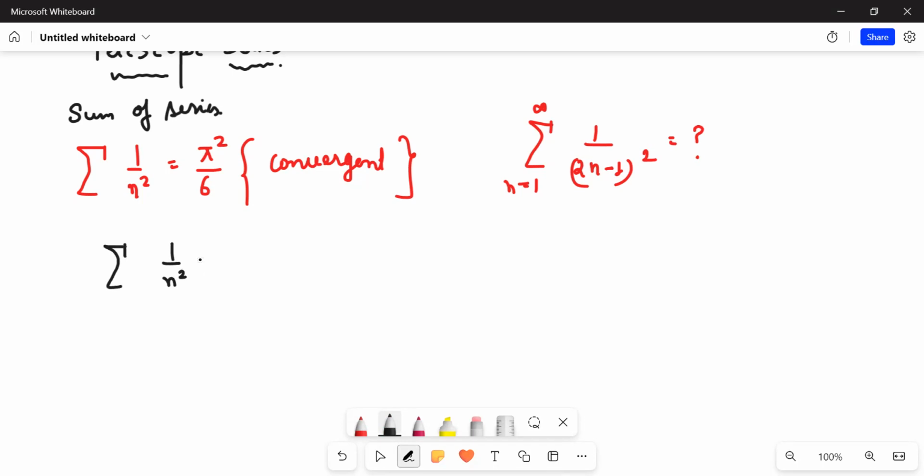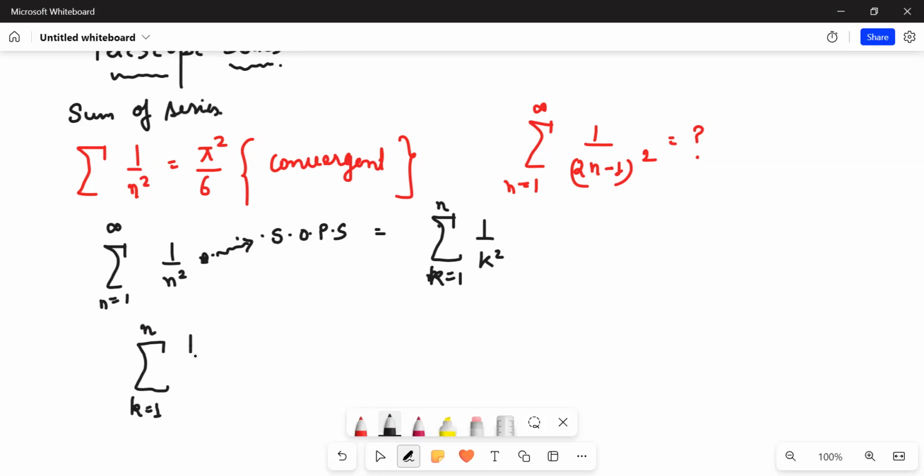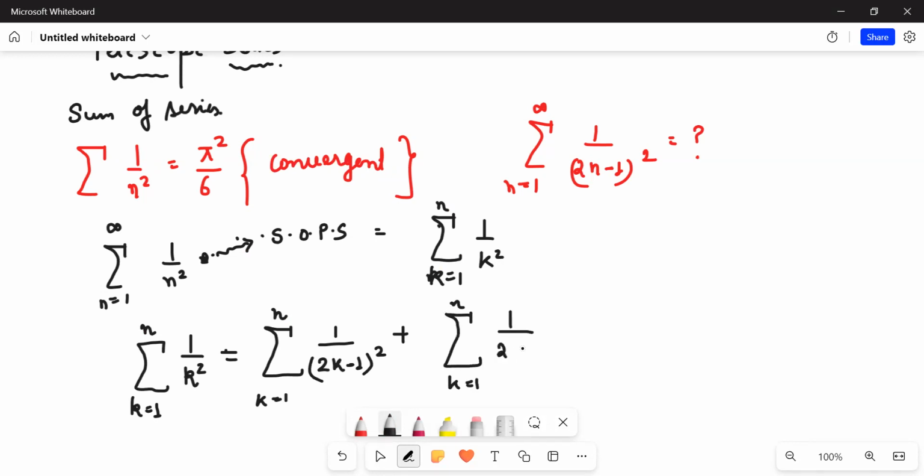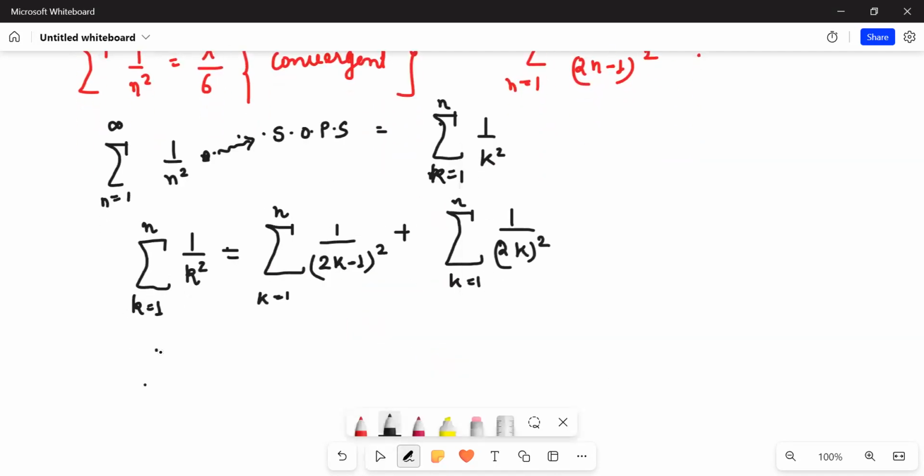So summation 1 upon n square would contain what? It would contain even terms as well as odd terms. I will try to use the sequence of partial sums at first. Summation k equals 1 to n of 1 upon k square will contain even terms as well as odd terms.